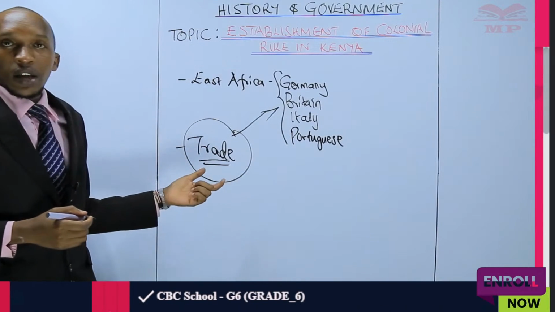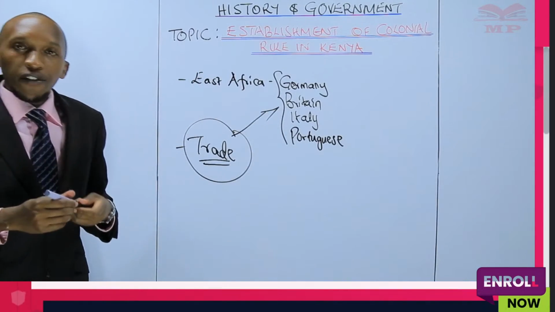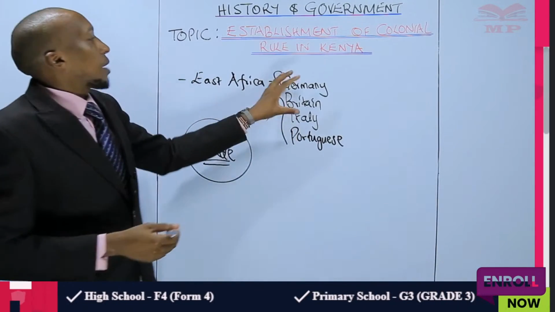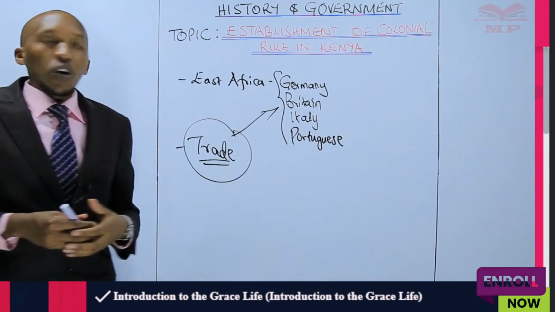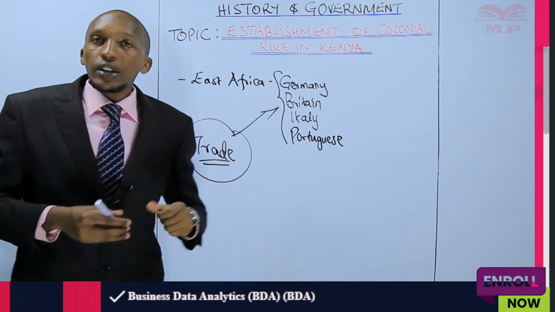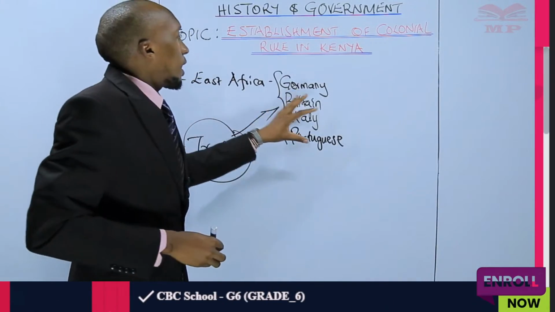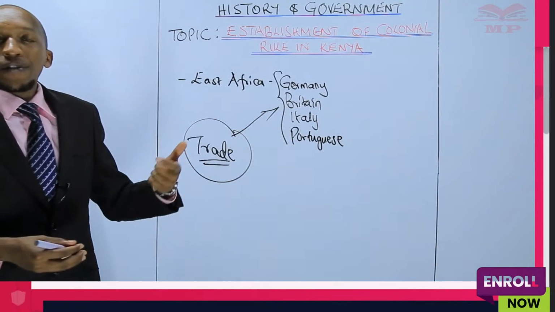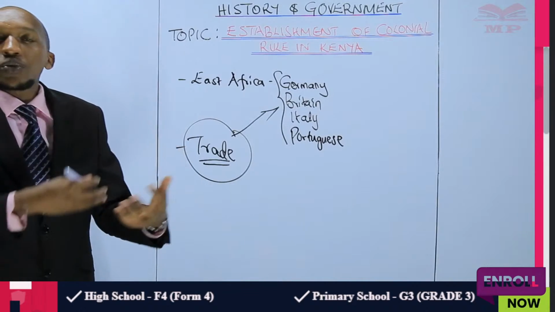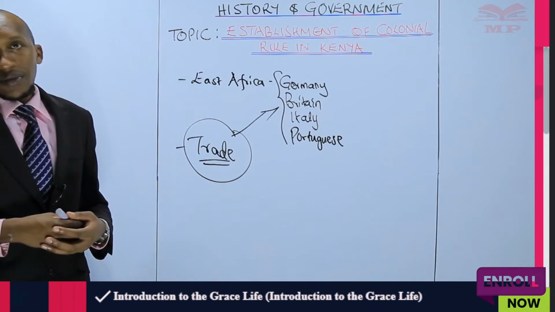Because of the trade, people were able to know that East Africa is rich. And now these powers came and competed to get a portion of the East African part of the African continent. So these are the countries that were fighting. After the Berlin Conference, they had to divide East Africa amongst themselves.